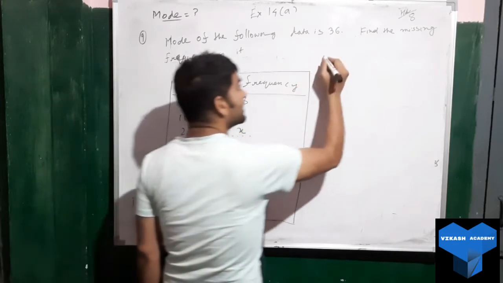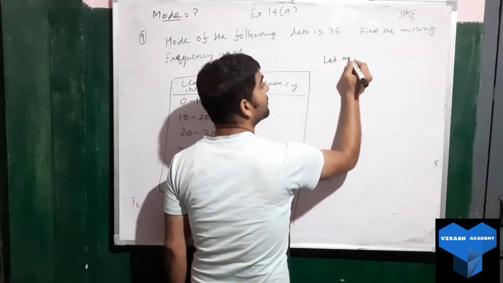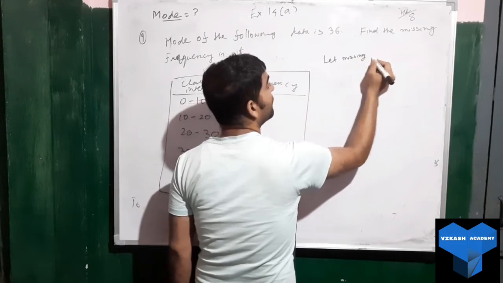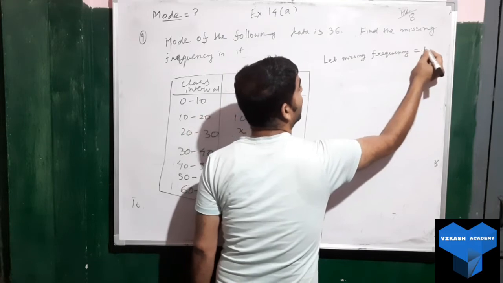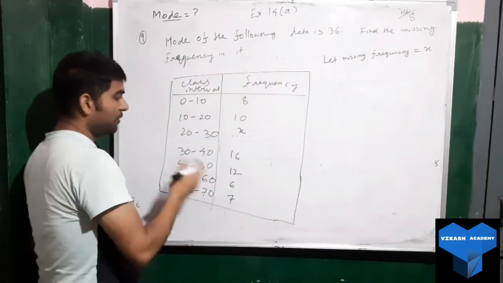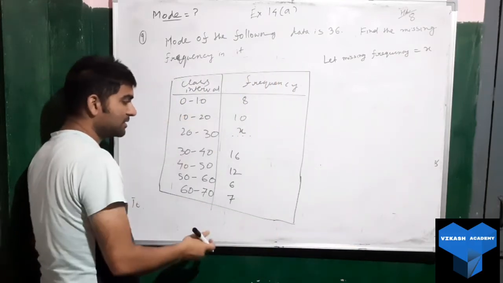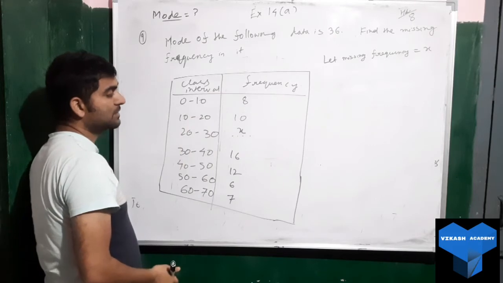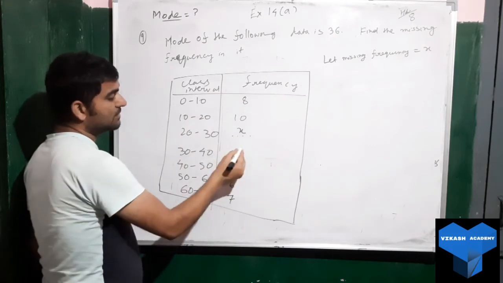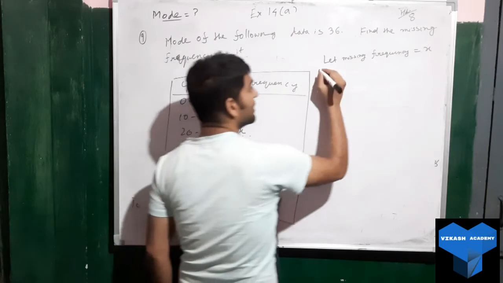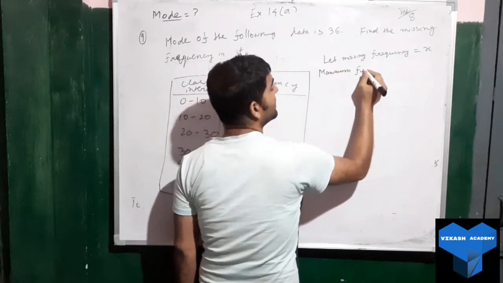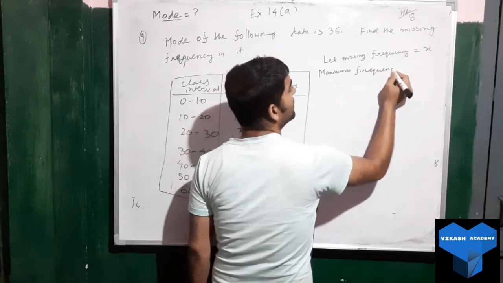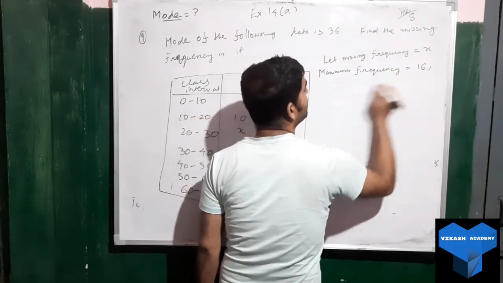Let the missing frequency be x. Now which one is the highest frequency here? Yes, this one, right? So I will write down the maximum frequency equal to 16, corresponding to what?